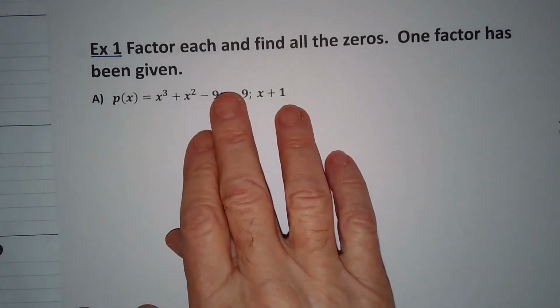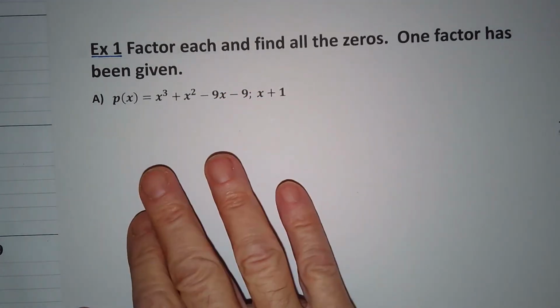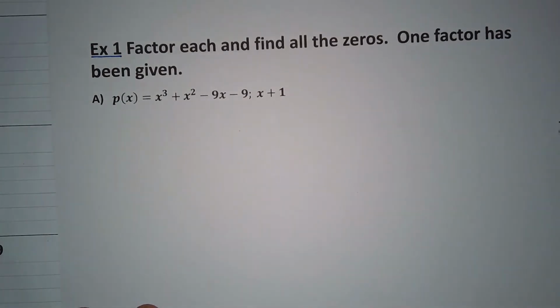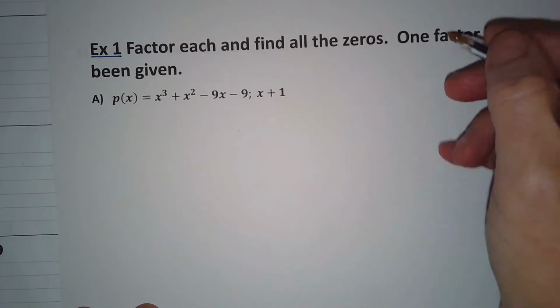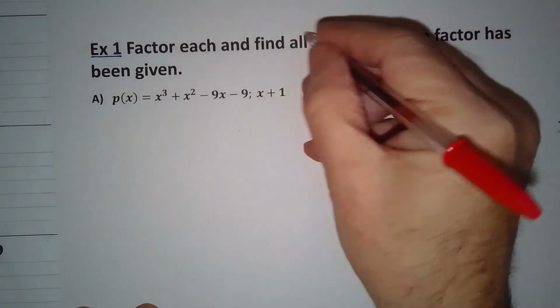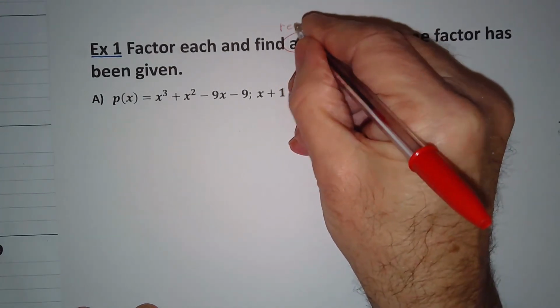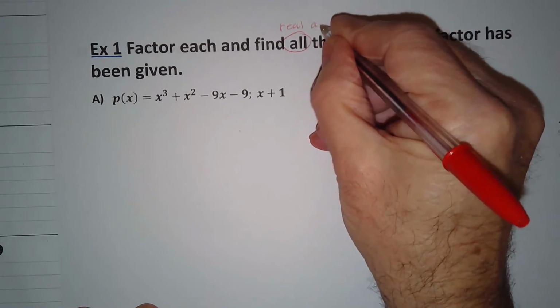So let's take a look at this now. We're going to factor each of the problems that follow and find all of the zeros. When we say all of the zeros, we mean real and imaginary zeros.